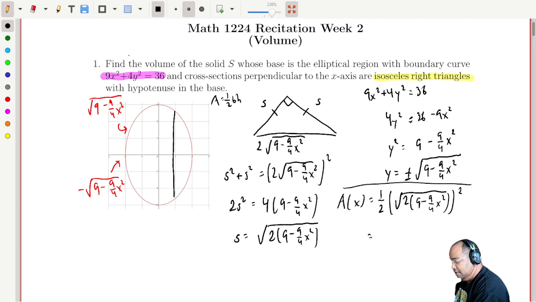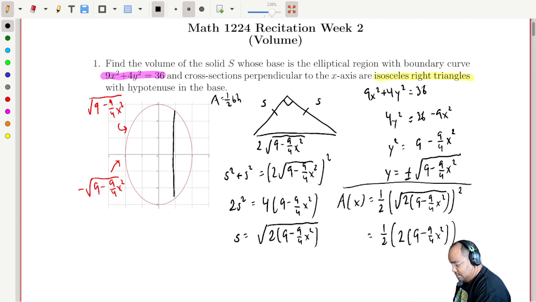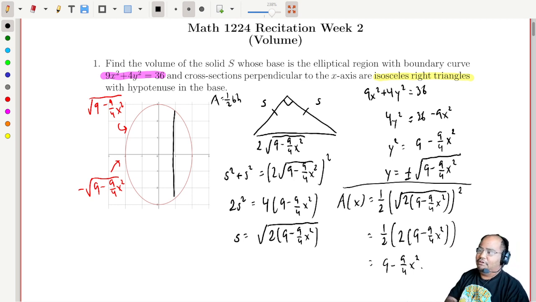And well, we can clean that up here. Get 1/2 of 2 times 9 minus 9 over 4 x squared. And while the 2's drop, I have 9 minus 9 over 4 x squared. And so this is the area of one of our cross sections.